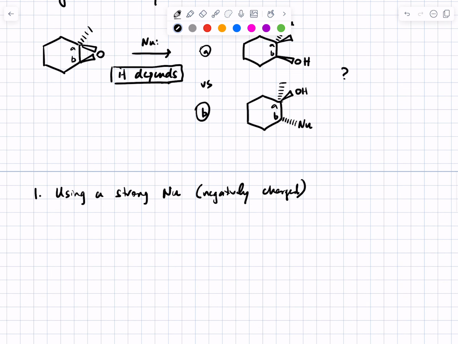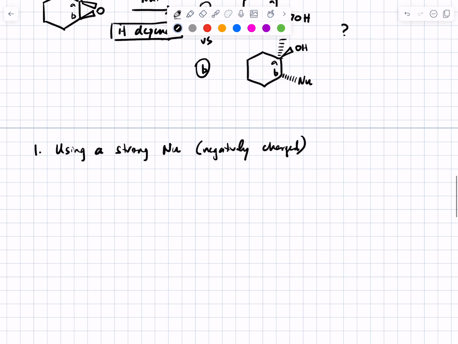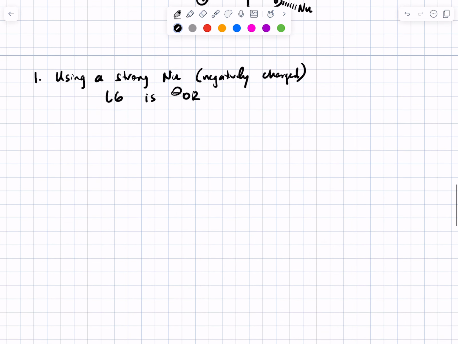All right. And I guess I should add, we're using a strong nucleophile that's negatively charged, and the leaving group is a negatively charged oxygen. That's all we've done so far with opening of epoxides. We haven't considered any other options, and we will in just a minute.